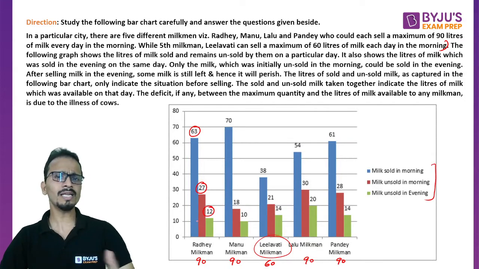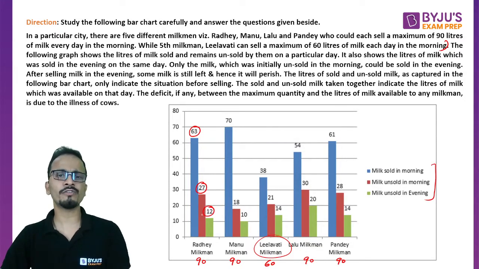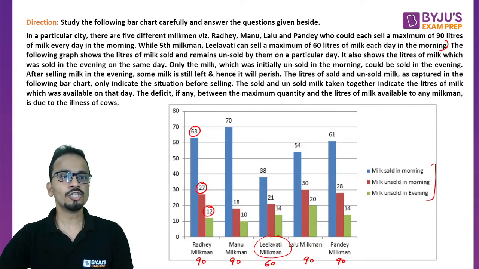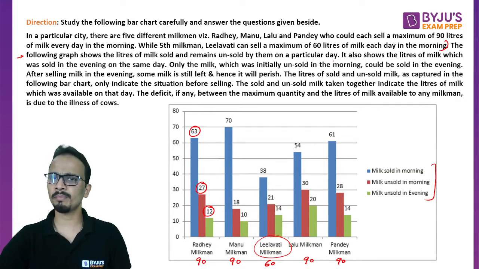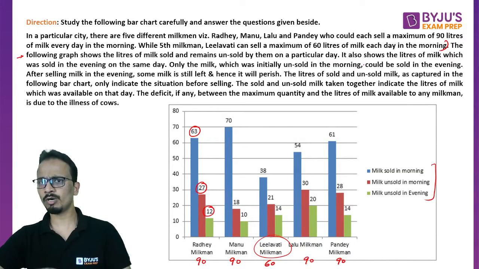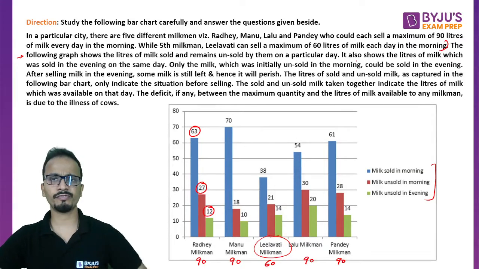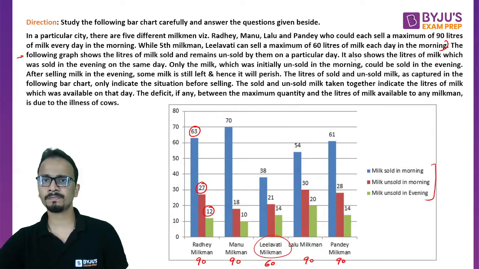Now let's look at the interpretation of all these things. The following graph shows the liters of milk sold and remains unsold by them on a particular day. Now they are talking about morning and evening, and further information is given.